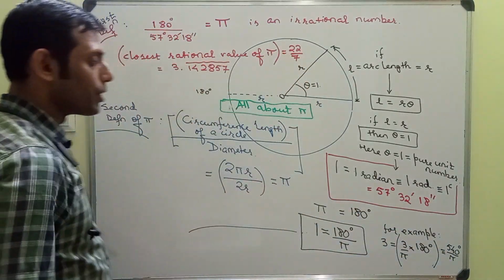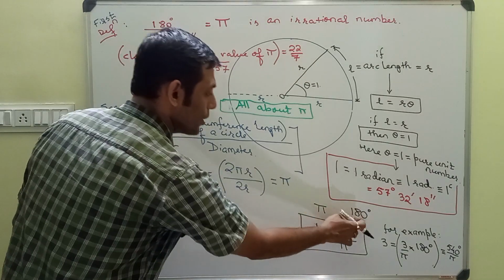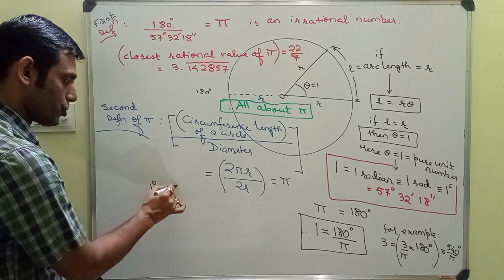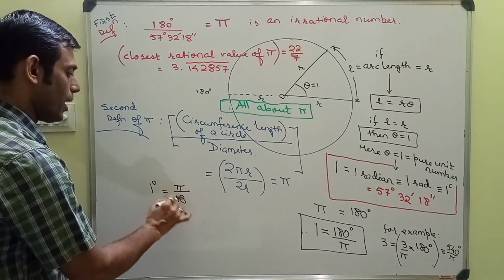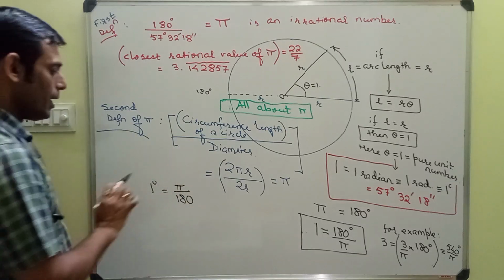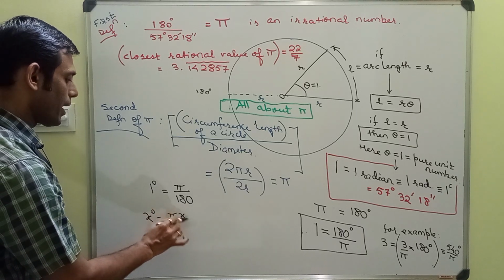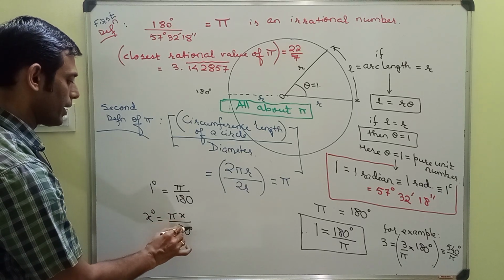Now we can also do the reverse. We can convert degrees to radians. That means 1 degree is equal to how much? Pi by 180. And that means x degrees is equal to how much? Pi x by 180.